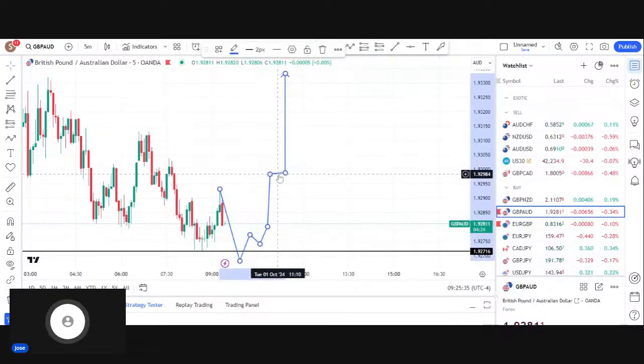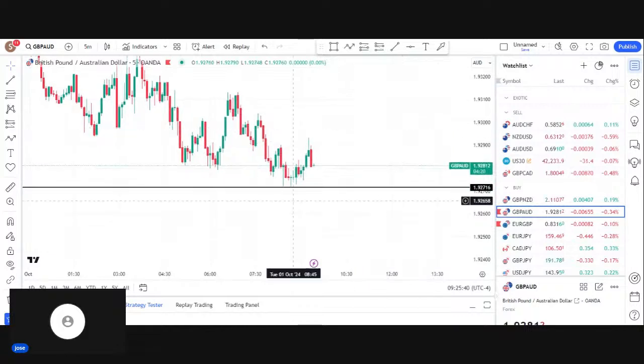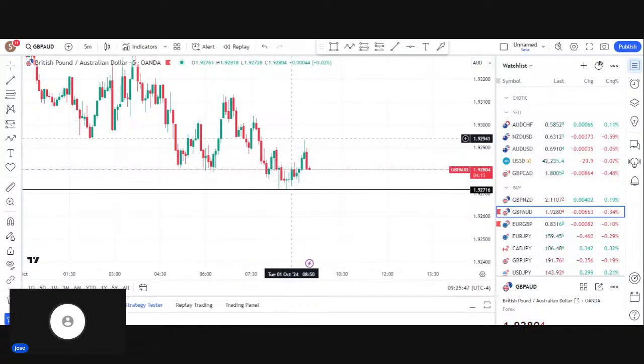Simple. The only confirmation we are waiting for is for price to come back and pin or break out of this low, then break above this high, and then we are in.